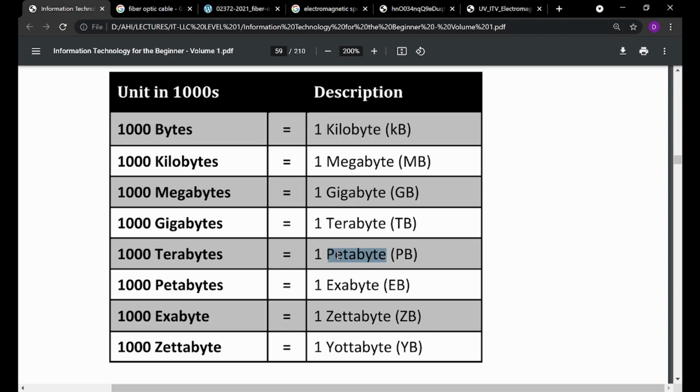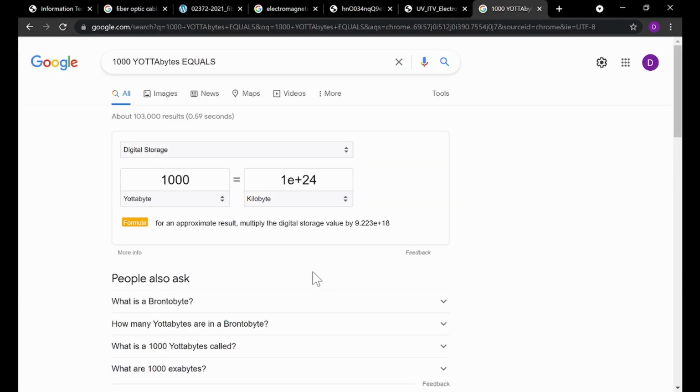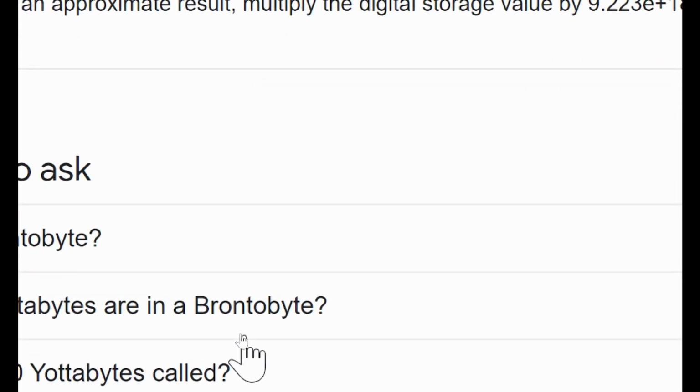Now, just for your knowledge, 1000 petabytes is called 1 exabyte. 1000 exabytes, I've done the research for you, is called 1 zettabyte. 1000 zettabytes is called 1 yottabyte. And 1000 yottabytes is called a brontobyte. Brontobyte, have you seen it?